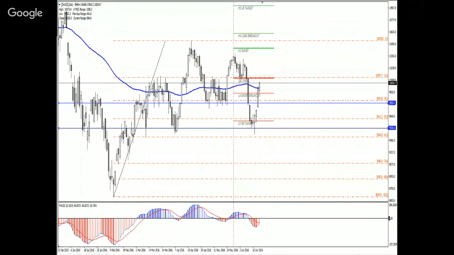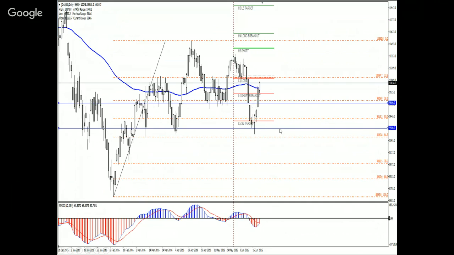So this is the DXY daily chart. What I can say is an immediate drop towards this level here, and then further continuation by these levels. After Brexit, traders should be focused on selling the dips, selling the rallies, selling the rips.